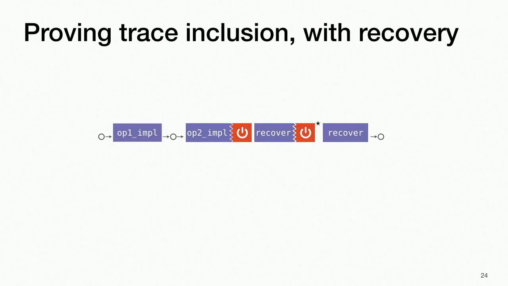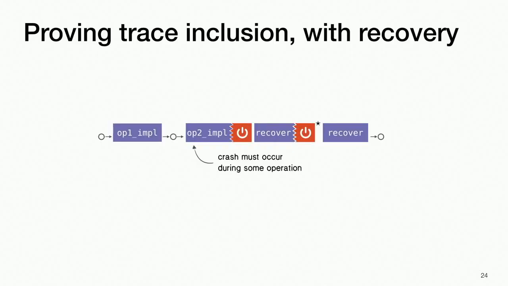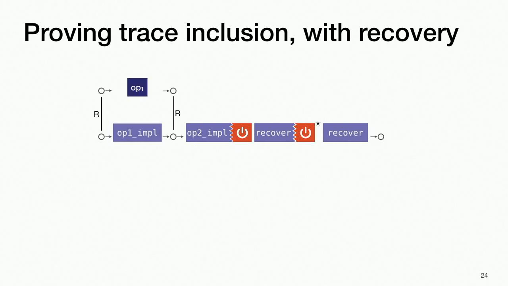We're still going to use an idea that's like forward simulation, but let me introduce how we come to the right condition. So the first observation we make is that if you crash in the middle of some long sequence of code, you must crash in the middle of some operation. And in this example execution, that crash occurs in the middle of op2. And prior to that crash, you can just use normal execution correctness to establish that the abstraction relation is preserved up to that point. So we can sort of ignore that, because normal execution correctness will already handle that.